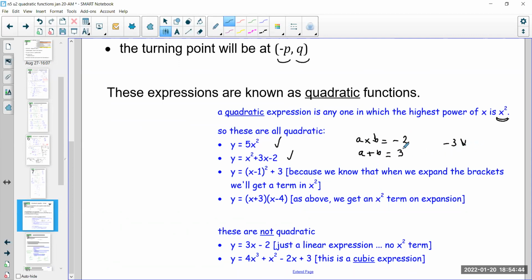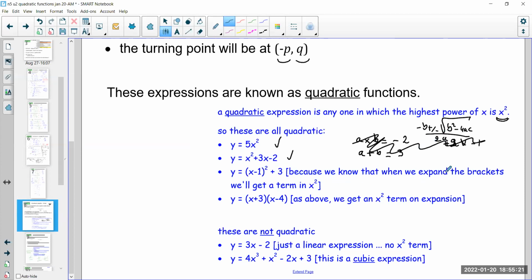No, that wouldn't work. Positive 2 and negative 1? That wouldn't work either. So let's not worry about this one, because you might need minus b plus or minus the square root of b squared minus 4ac, all over 2a, the quadratic formula.